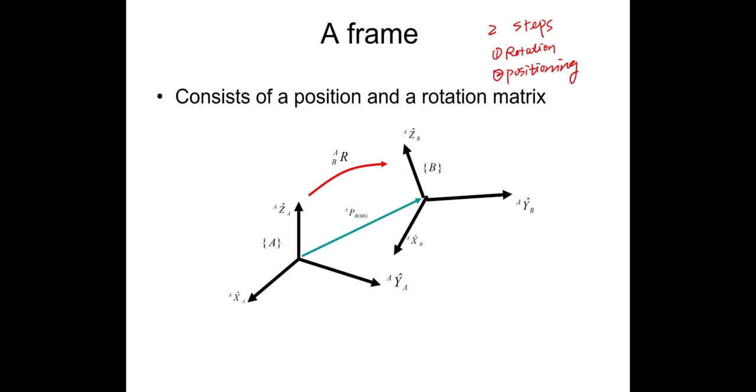So in this case, we have done the rotation and then we do the positioning and we call it P with A. So this means this vector from A to B. And this is PB origin, it means the origin of B, which is right here.